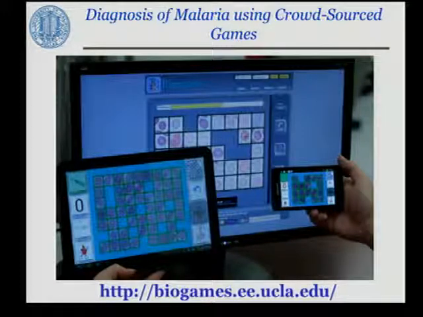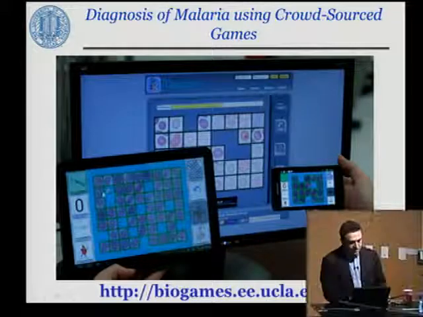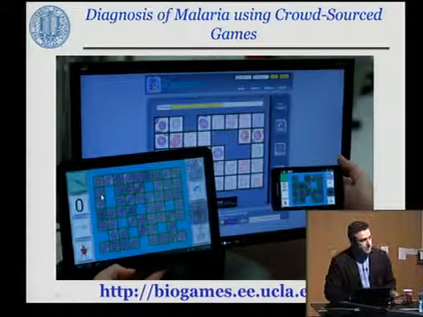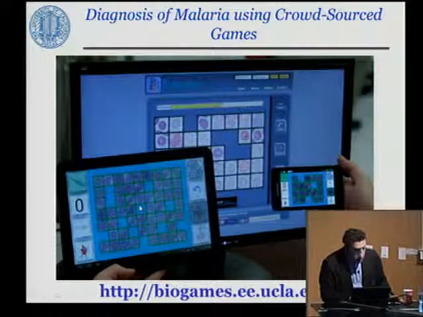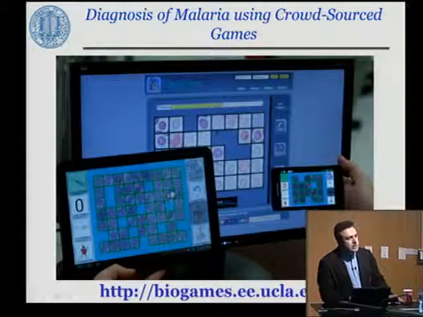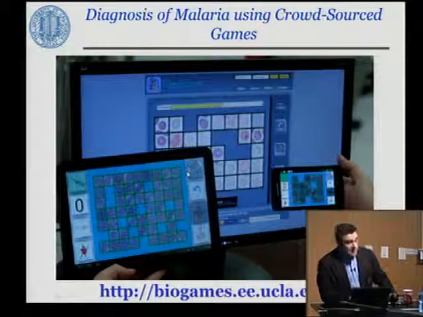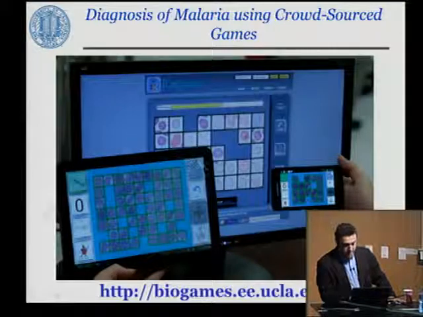And the goal is to look at these cells. Each one of these individual rectangular boxes here is a red blood cell microscopic image. And just like a diagnostician, your task here is to say which ones you believe are infected. Even if you're not an expert, you can help us with this kind of interface.